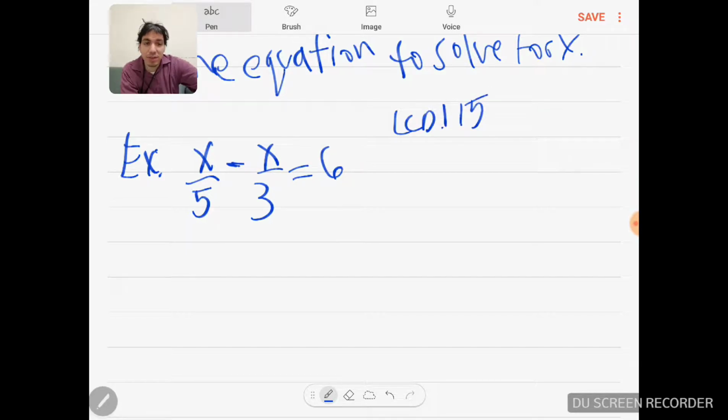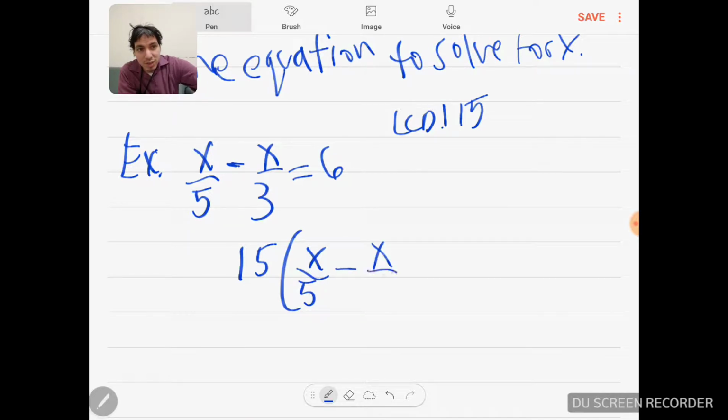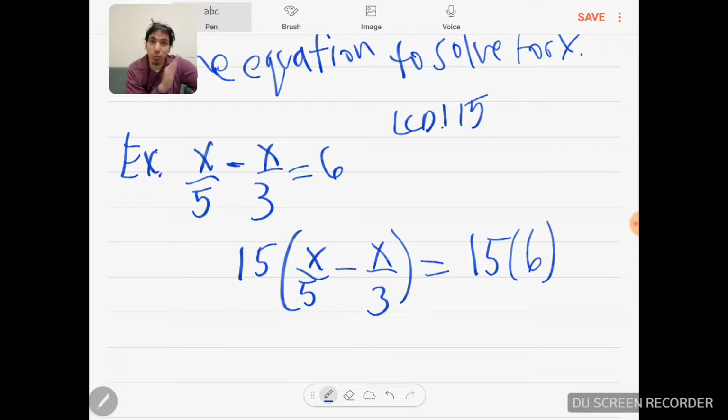LCD is 15. So now I'm going to multiply both sides. x over 5 minus x over 3 is equal to 6. Oh, sorry, and 15 times 6. So it's on both sides and it hits everything.